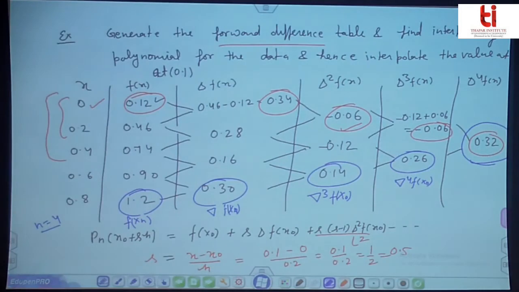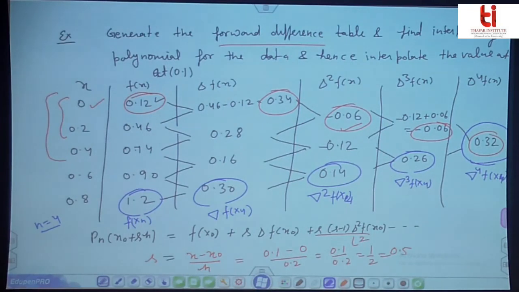So this is the value of del of f of x4, this is the value of del square f x4, del cube f x4, and this is del 4 f x4, if we are using the backward formula.